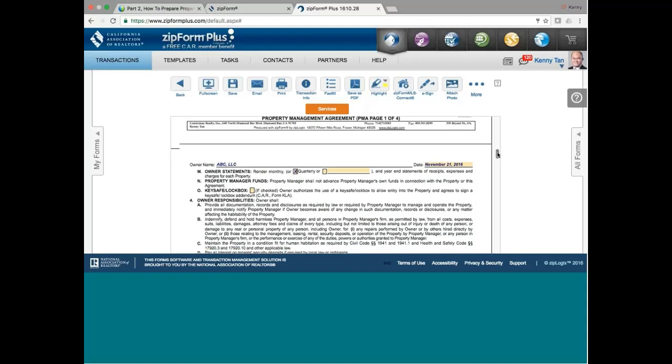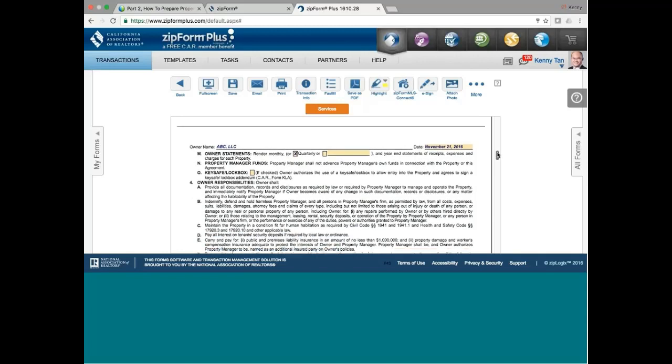Okay. Property manager's funds, and the standard says property manager shall not advance property manager's own funds. So I think that's important to know. Key safe and lockbox, that has to be discussed with the owner. Sometimes you need to install a lockbox to make it easier for tenant to have an agent come look at the property.